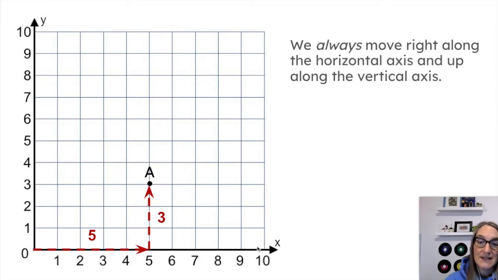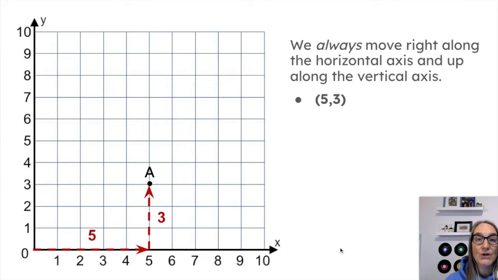So you can see that those arrows indicate the direction of movement, but they also indicate that that line carries on infinitely. So here we go. We moved 5 units right and 3 units up to get to point A. So we write that in brackets as (5, 3).